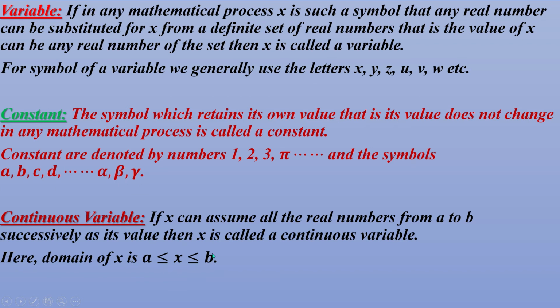That means with a and b, and between a and b, all the values of x will be applicable for a continuous variable. Domain means a value which is put into the function, any kind of function or equation that can be used for putting any kind of function or equations.